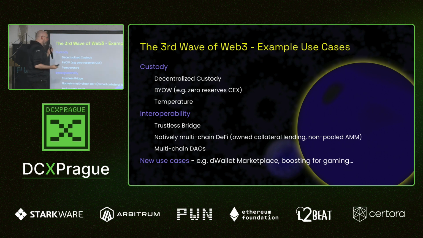So all these things are, and then we have things like, I don't know how many of you are into gaming, but there's a huge black market in gaming, not Web3 gaming, like gaming in general, for boosting, where you pay pro players to level up your account. That could now be done in a trustless way, right?